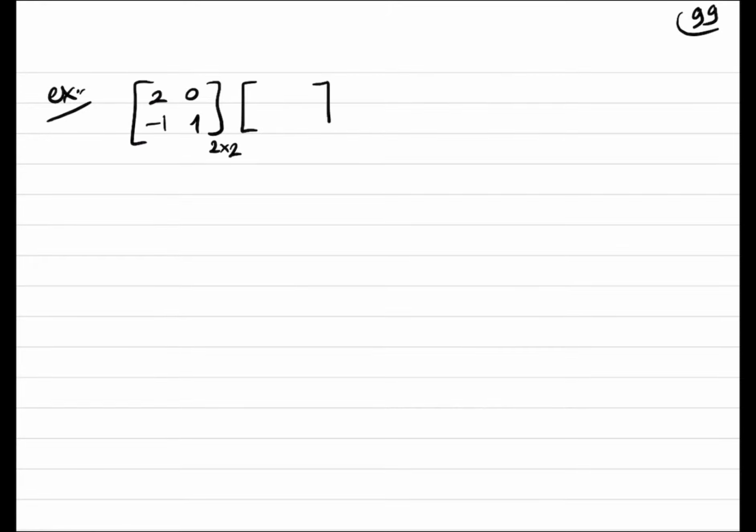If we want to multiply this, this must be a 2 by, let's say, I will make up some 2 by 3 matrix. So 1, 0, minus 3, 1, 1, minus 1. And at the end, we should get a 2 by 3 matrix again.